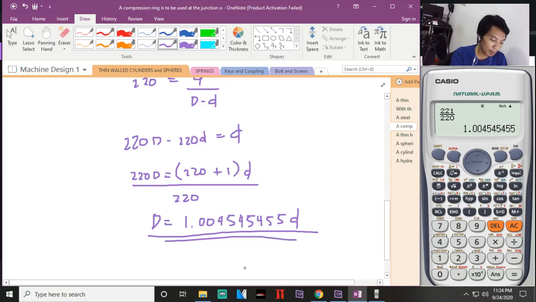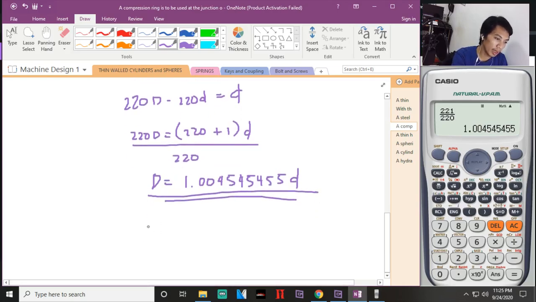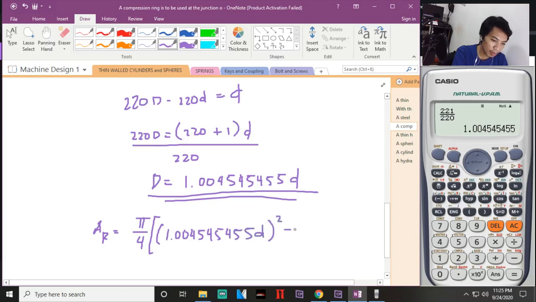Pwede natin siyang ipasok dun sa value ni d squared. Okay? The area will be pi over 4 times square natin siya, 1.004545545 d squared minus d squared.